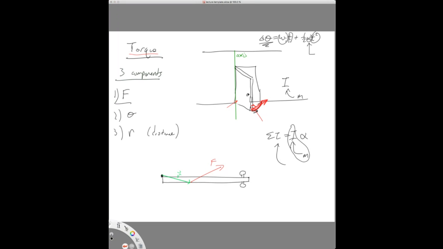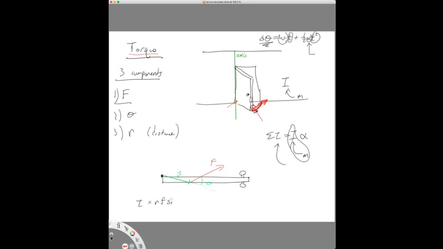If I extend the direction of R, there's an angle defined between the direction that R makes and the direction that F makes. So the formula for torque is equal to R times F times the sine of theta.